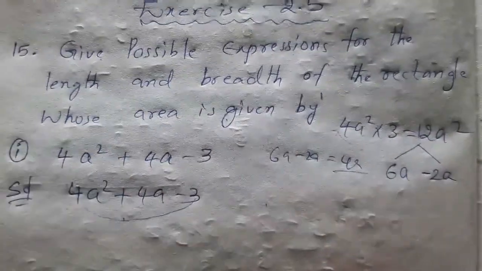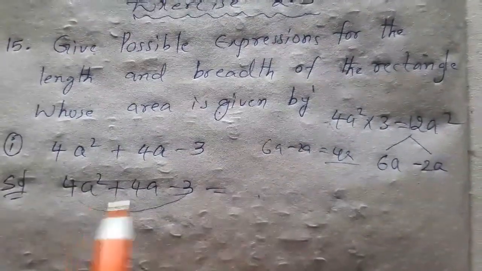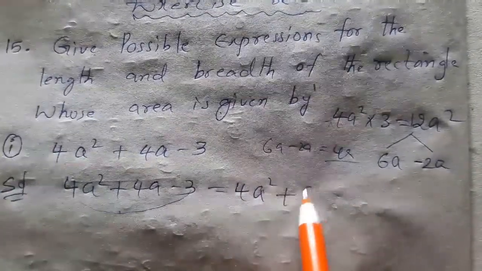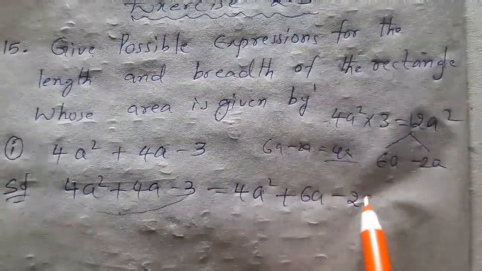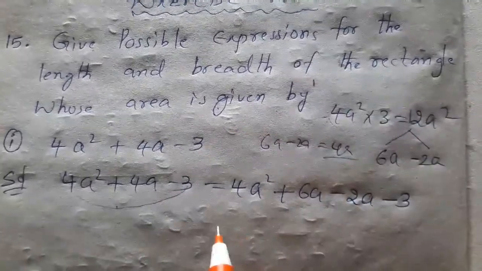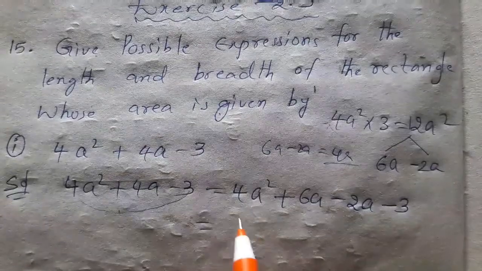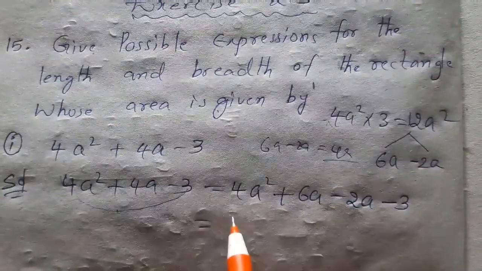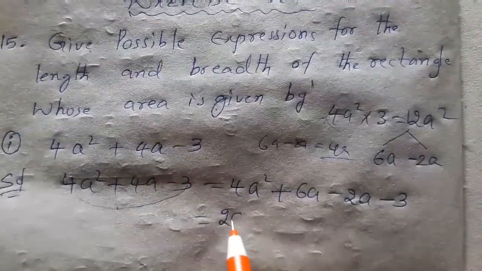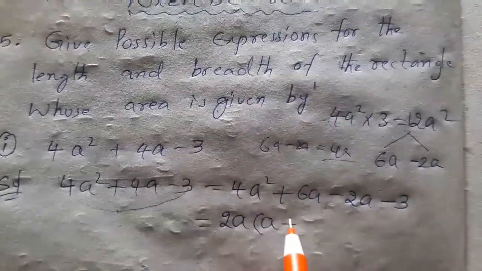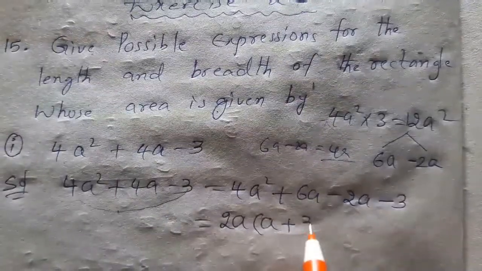So both match. Now this can be written as 4a square plus 6a minus 2a minus 3, which equals, see here, 2a is common. What is left here? A only. Next plus, what is left here? 3.